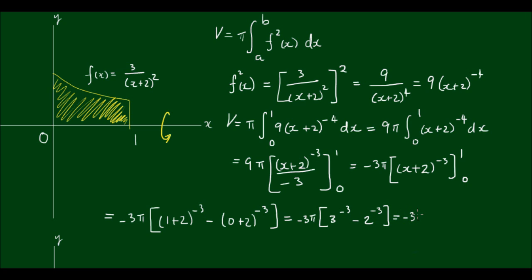And that's equivalent to negative 3 pi times 1 on 3 to the power of 3 minus 1 on 2 to the power of 3.